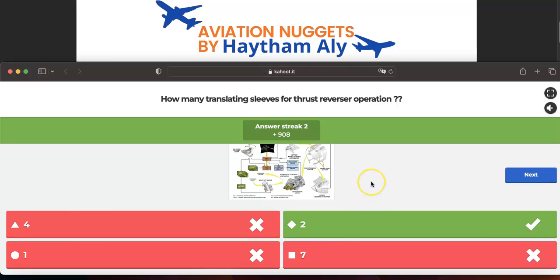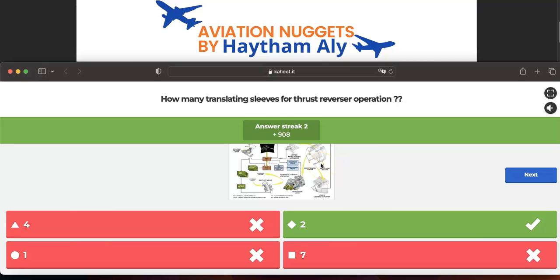So we have a left hand translating sleeve and a right hand translating sleeve for each engine. Each translating sleeve is powered by 2 actuators, an upper actuator and a lower actuator. So we have 4 actuators per engine for thrust reverser system operation.